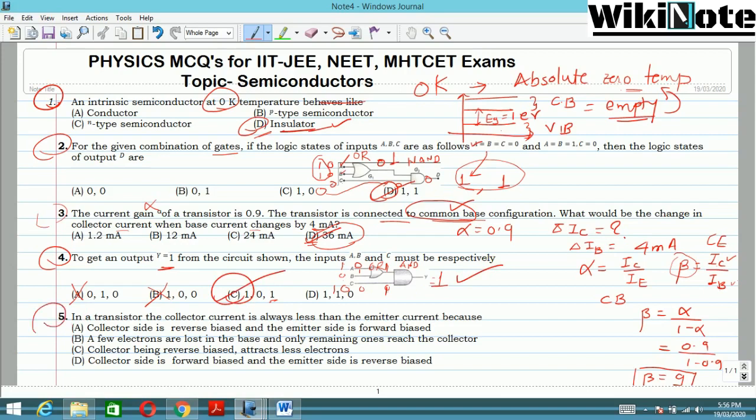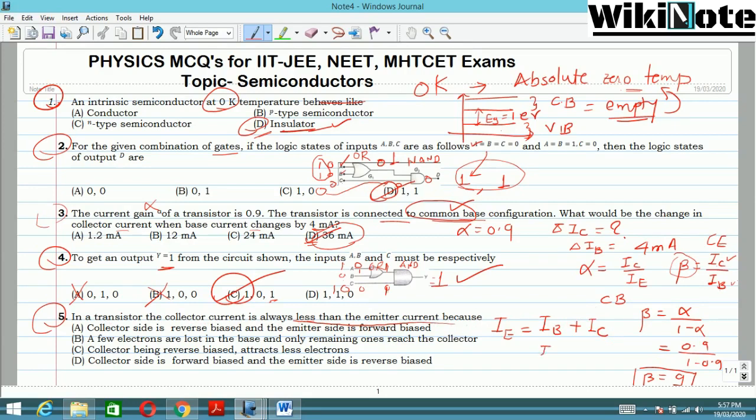Next, question number 5. In a transistor, the collector current is always less than the emitter current because... Now keep in mind, always keep in mind, in case of a transistor, the emitter current IE is always the addition of base current plus collector current, and they have asked why the collector current is always less than the emitter current.